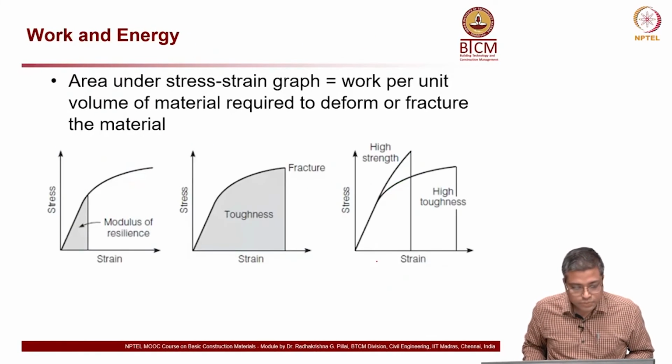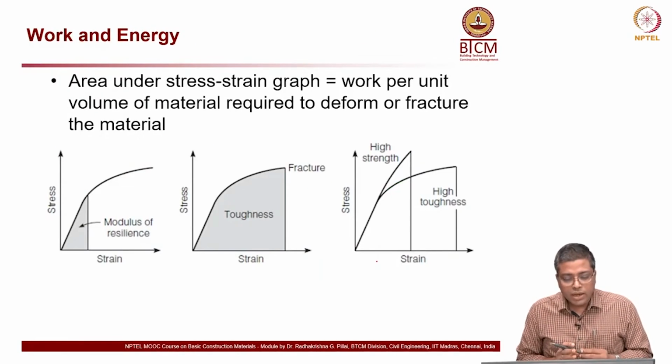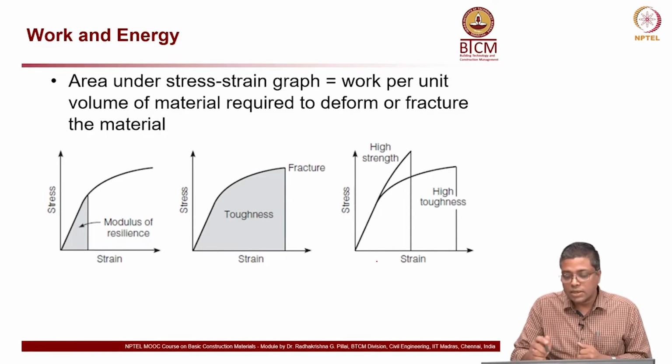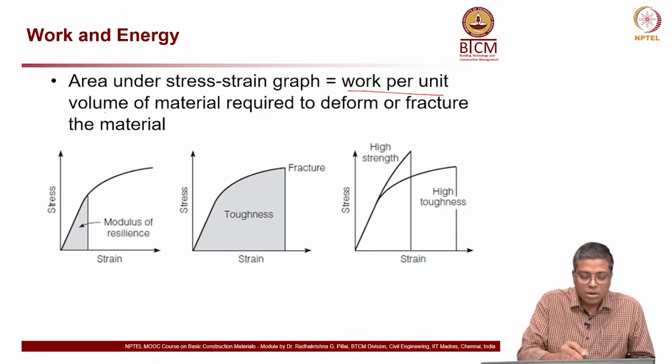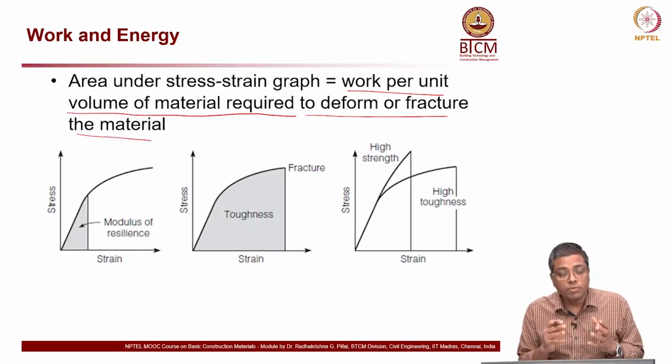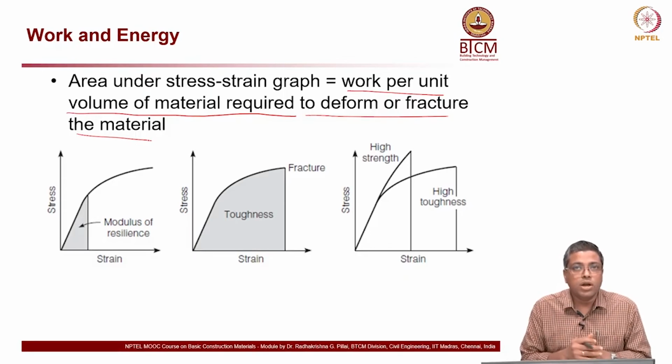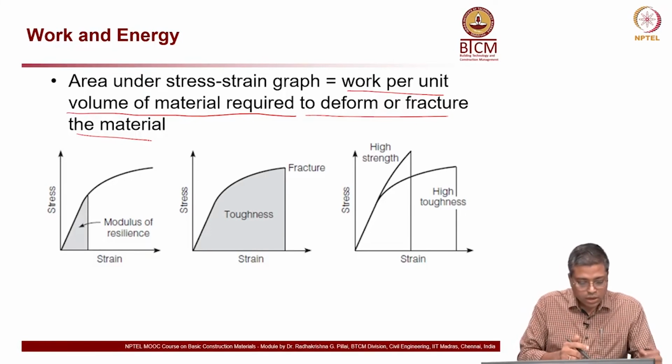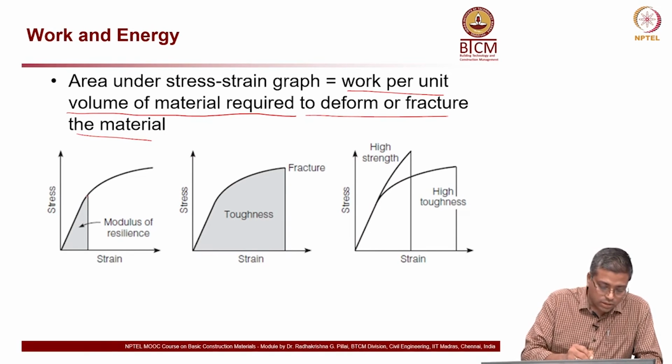Now, the area under the stress strain graph we just discussed, what is that indicating? It is essentially the work per unit volume of material required to deform or fracture the material. Now, in the first sketch here, you can see modulus of resilience.